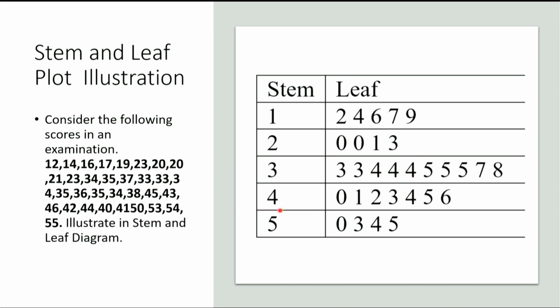This row is for those that scored between 40 and 49: the first person is 40, 41, 42, 43, 44, up to 46. While the last one, the highest, is between 50 and 55: the first one scored 50, this one 53, 54, and this is 55.